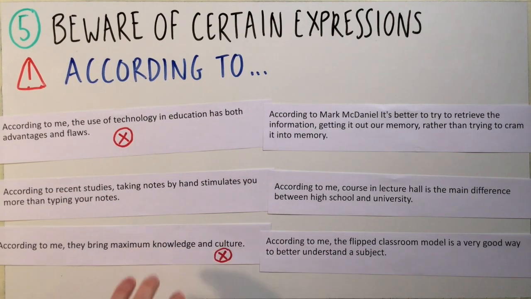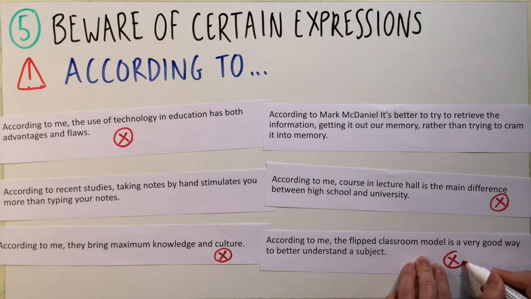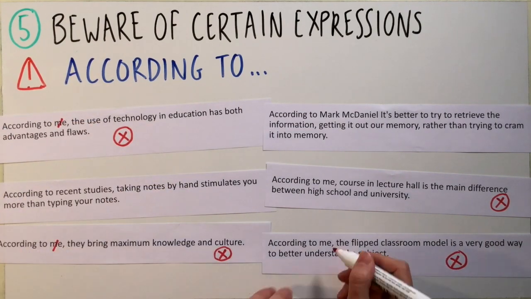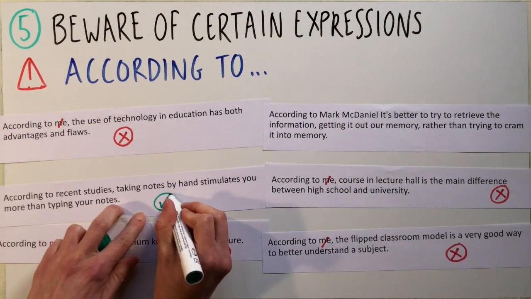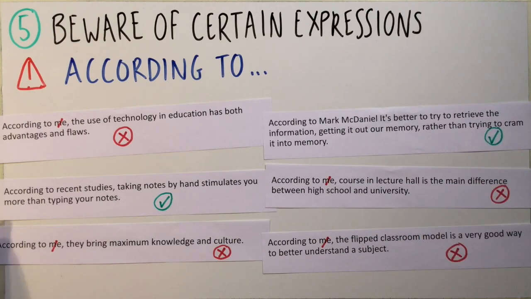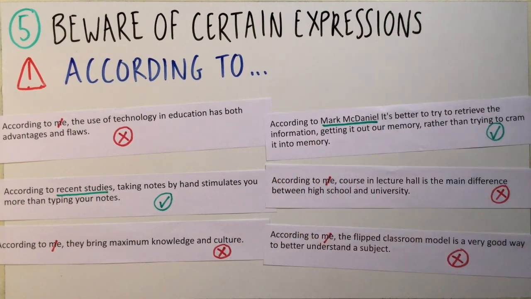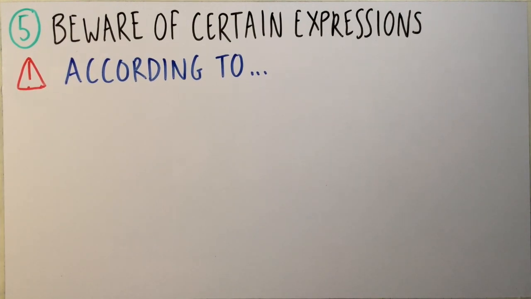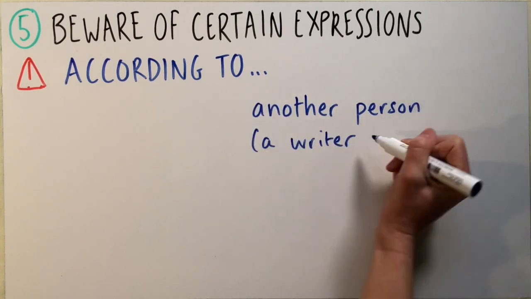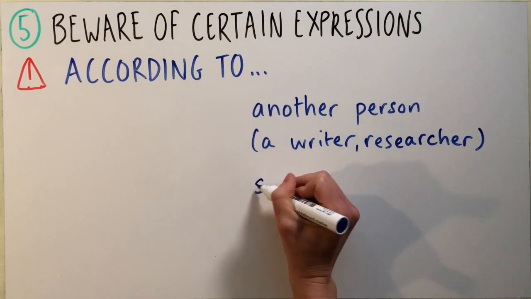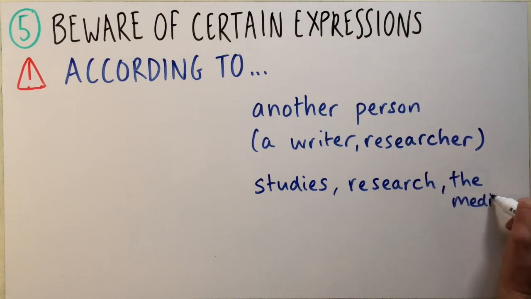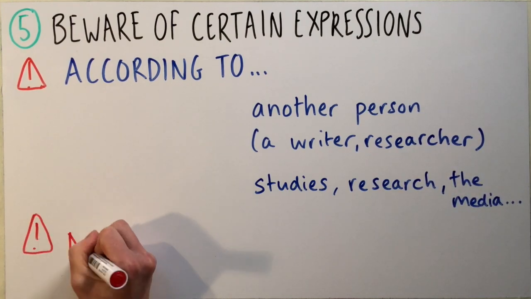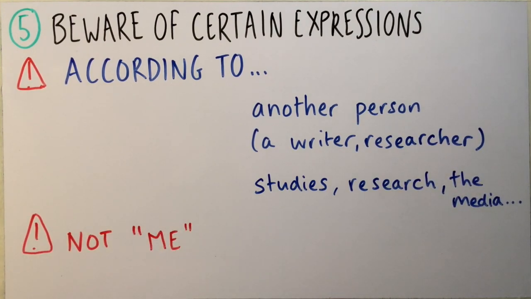You can say according to recent studies or according to a person, but not according to me. Let's recap. So according to plus another person, a writer, a researcher, plus a thing, studies, research, the media, but never me.